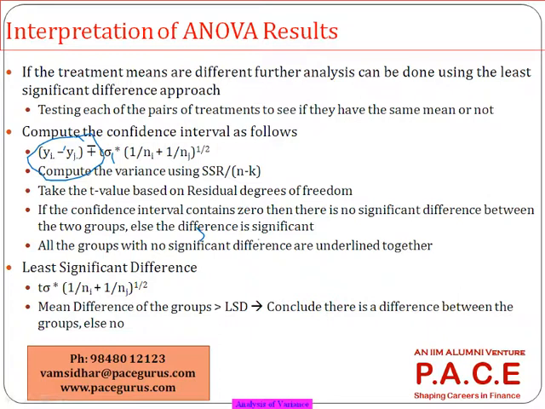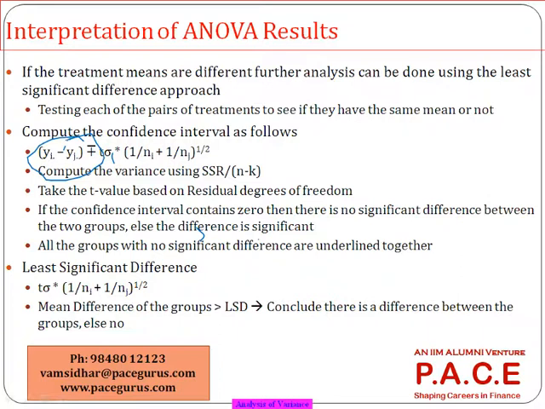If I apply this kind of a formula, I should be able to find out again the 95% confidence interval corresponding to the differences between a pair of treatments rather than an individual treatment. We are trying to find out the difference between the pair of treatments using this approach.